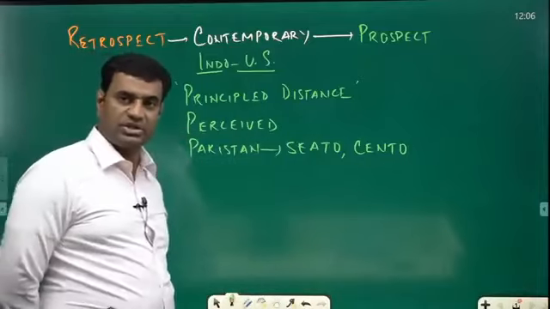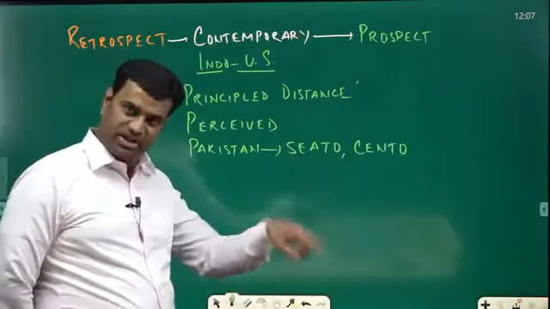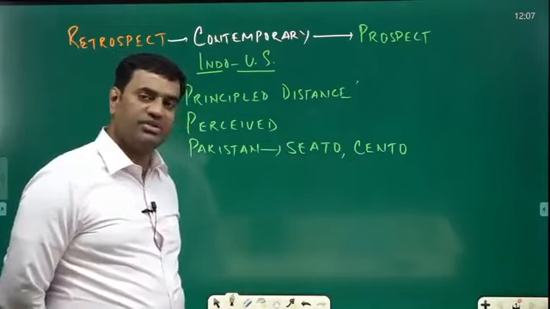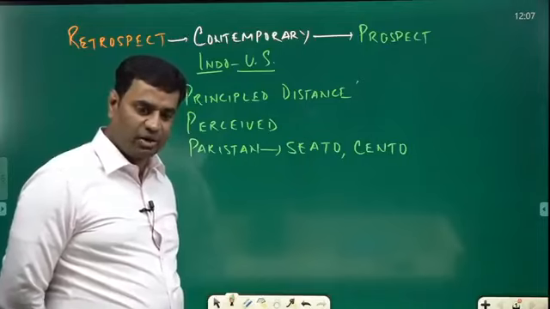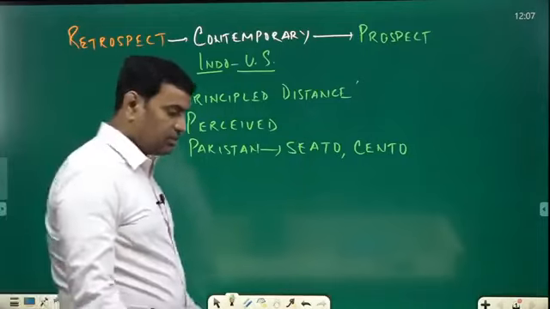So one was related to Southeast Asia, another was known as the Central Region, that is, the West Asian region. Clear?